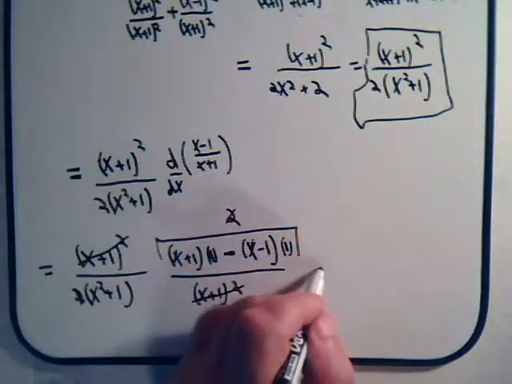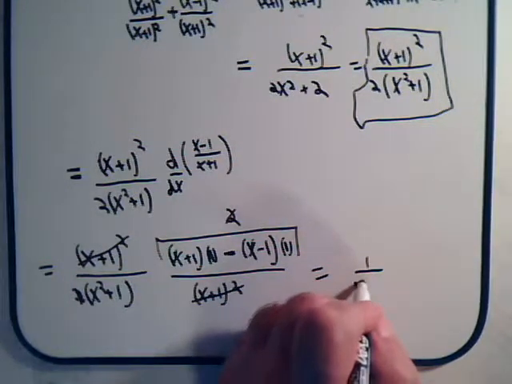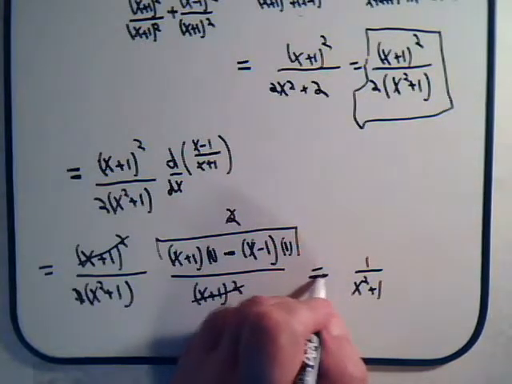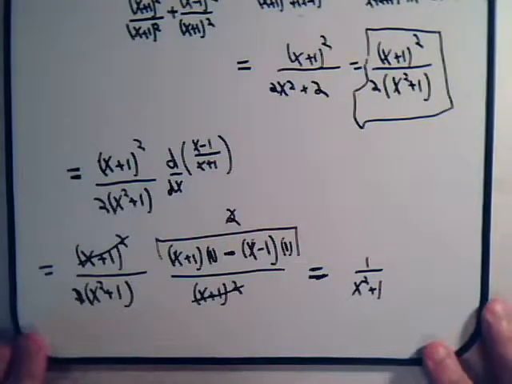Those are going to cancel, and we just have 1 over x squared plus 1. And that's it. There's nothing else left to do.